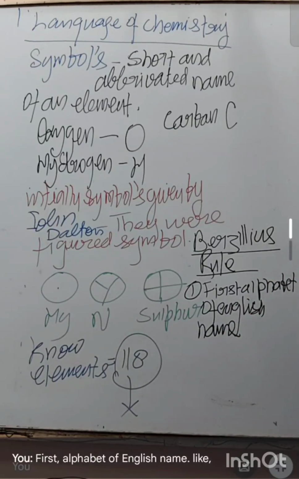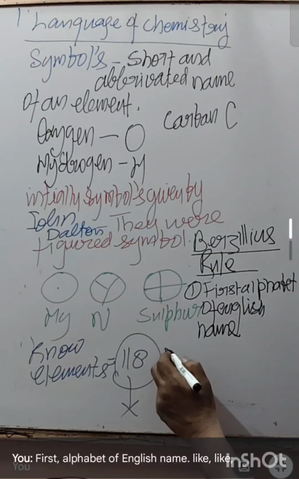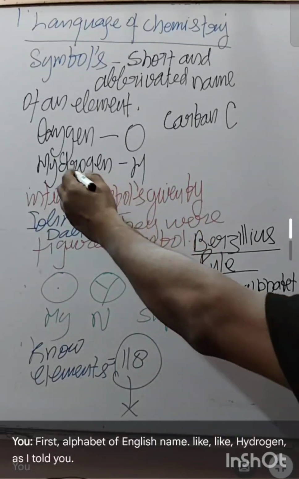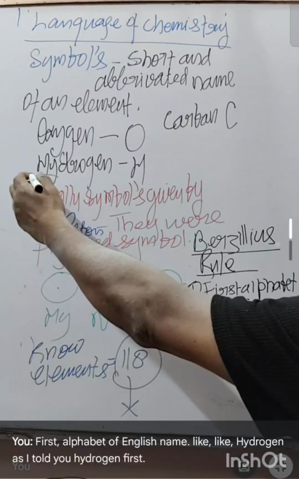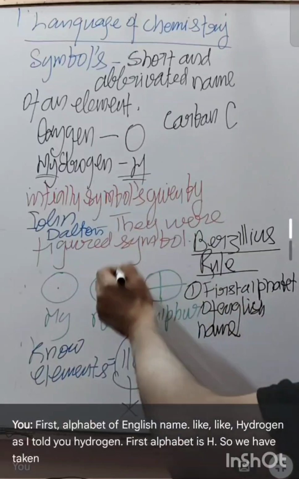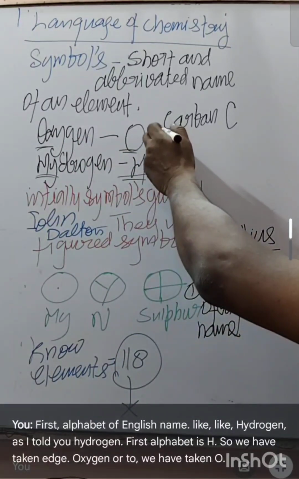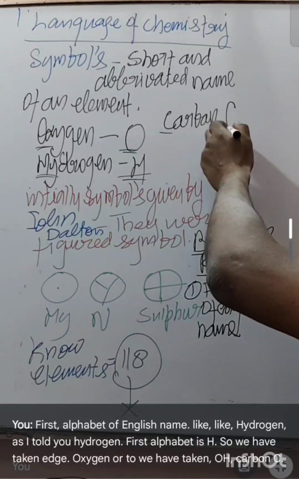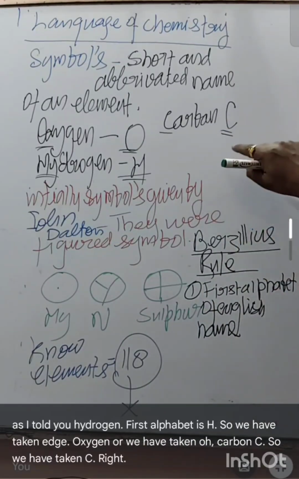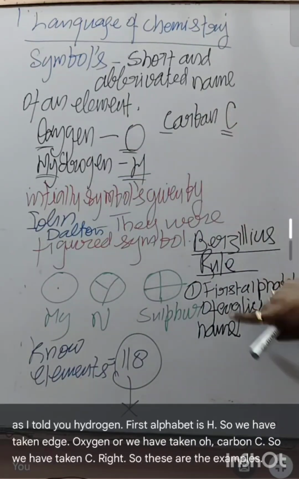Like hydrogen. As I told you, hydrogen's first alphabet is H, so we have taken H. Oxygen O, so we have taken O. Carbon C, so we have taken C, right? So these are the examples for the first rule.